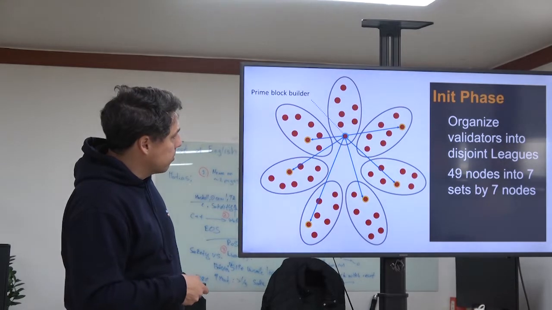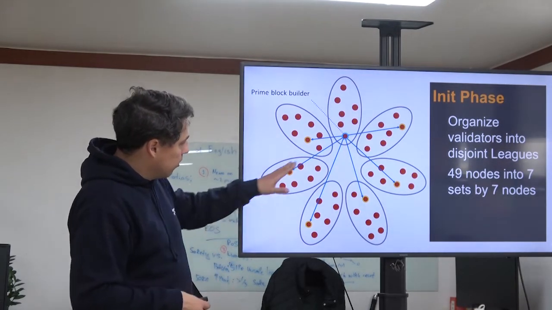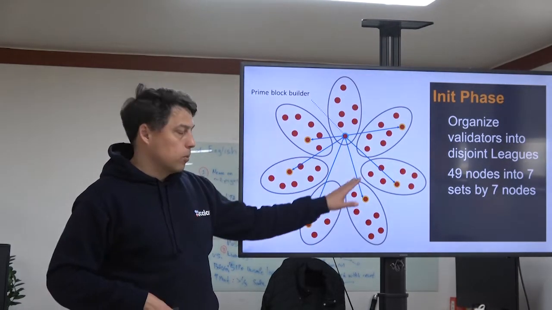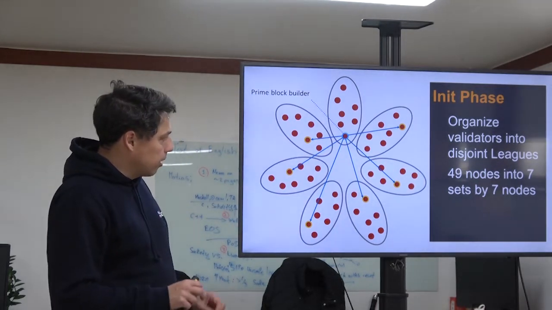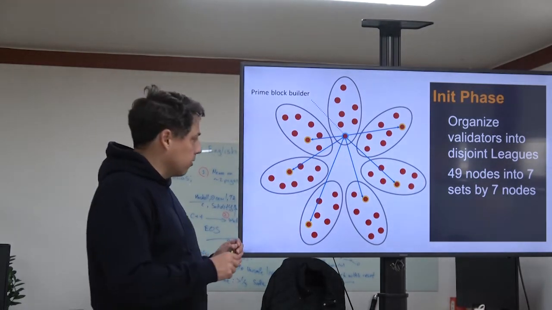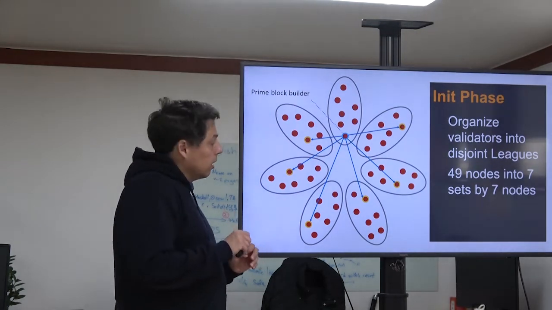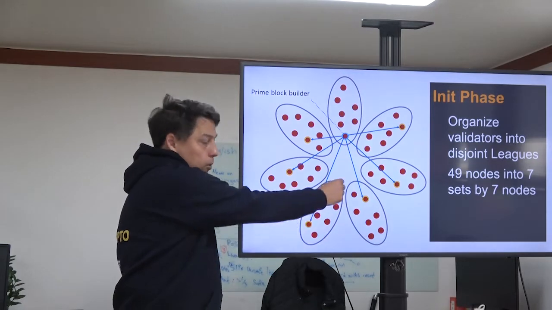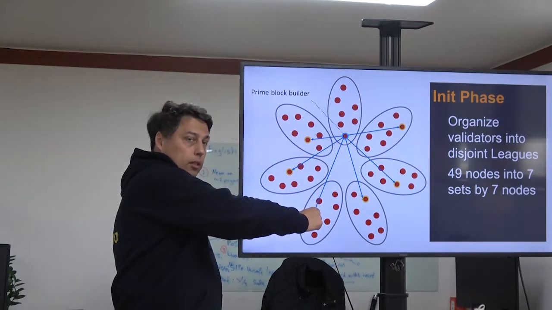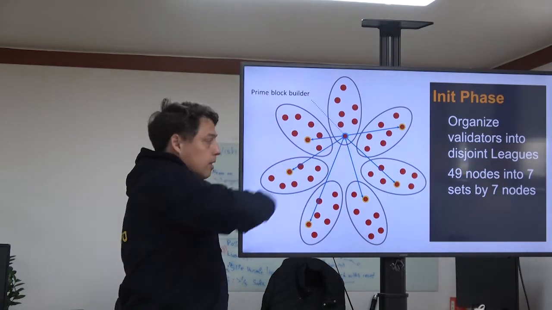The principle by which we organize nodes into leagues could differ, but the primary feature of a league is that in network topology, those nodes should be close to each other, so that sending between nodes in a league is faster than between leagues.